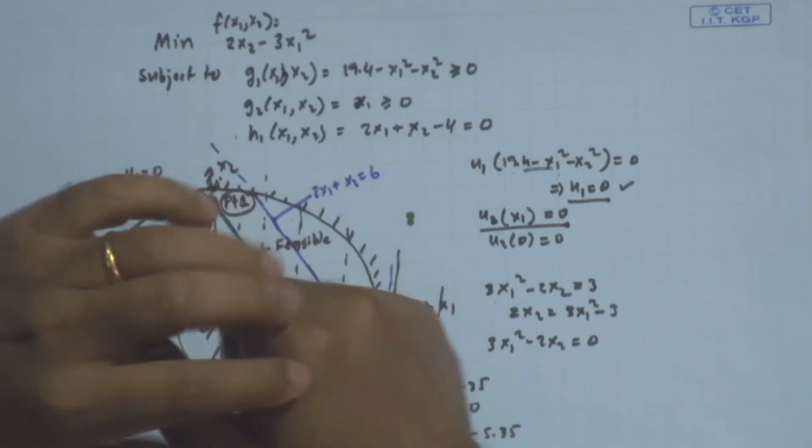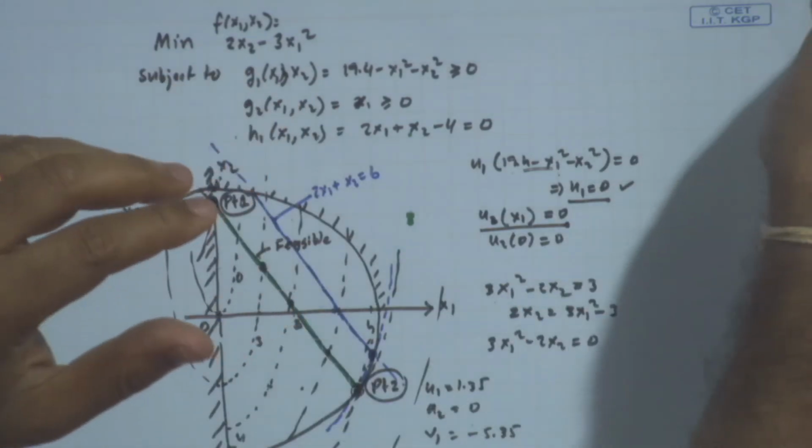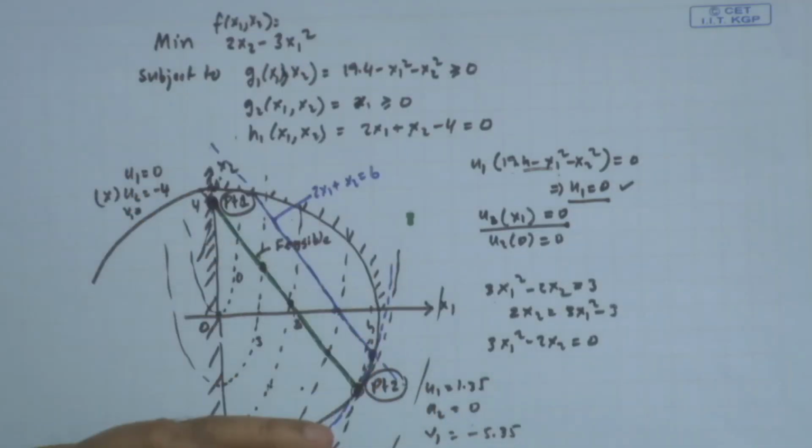So for the B part, what is the delta B? What is the change in B? And what is the corresponding Lagrange multiplier? So only the equality constraint is changed, right?